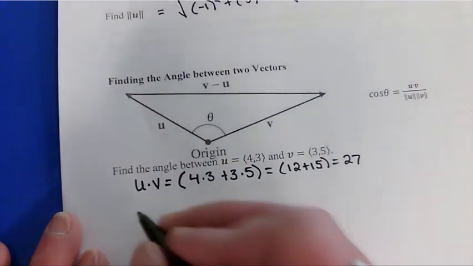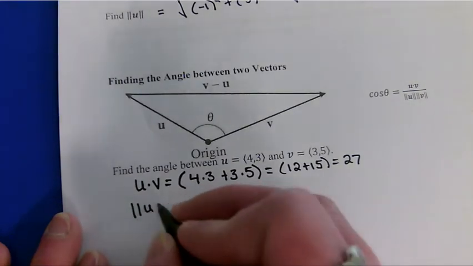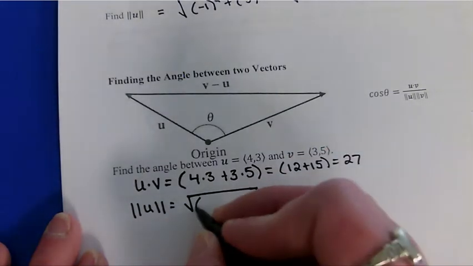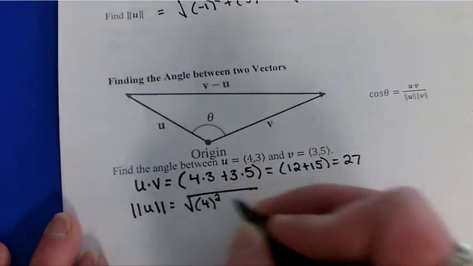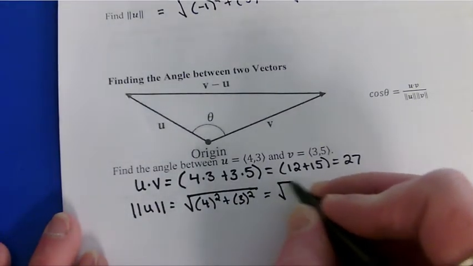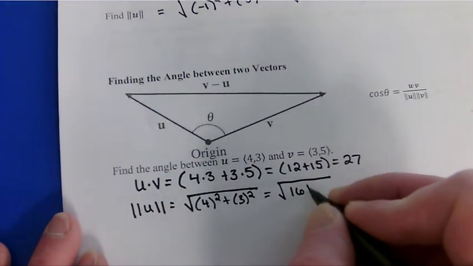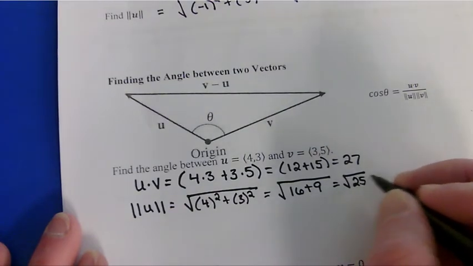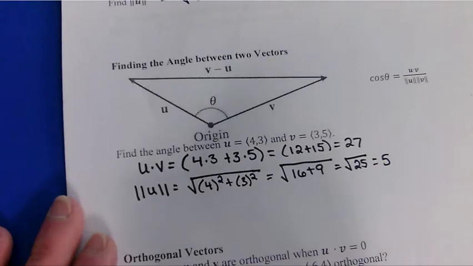Now, I also need the magnitude of u. Square root of the x component squared plus the y component squared. That's the square root of 16 plus 9, the square root of 25, which is 5.